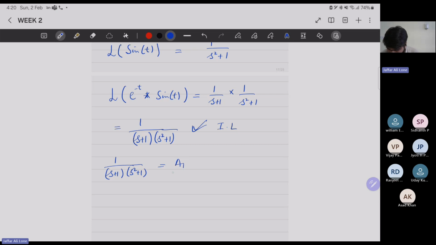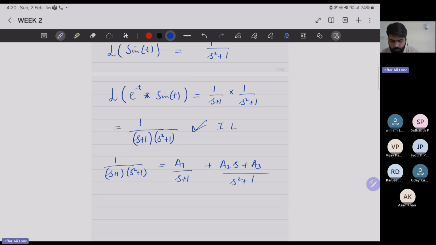It will be a1 over s plus 1 plus (a2 s plus a3) over s squared plus 1, because in the denominator we have a quadratic function, so in the numerator we will have a linear function. I hope these things are very clear to everyone.